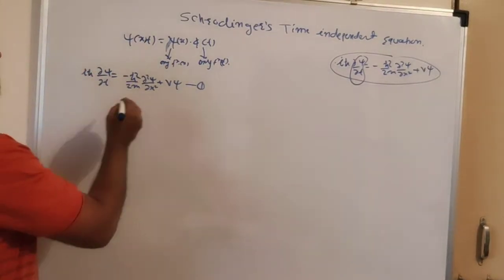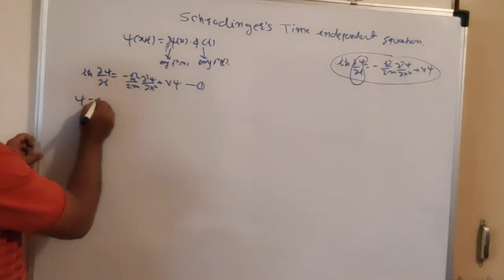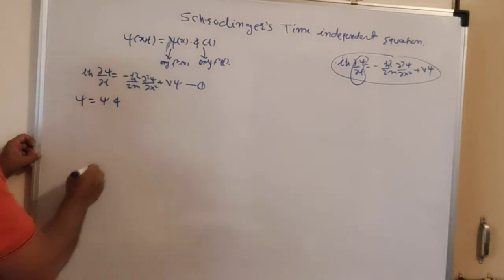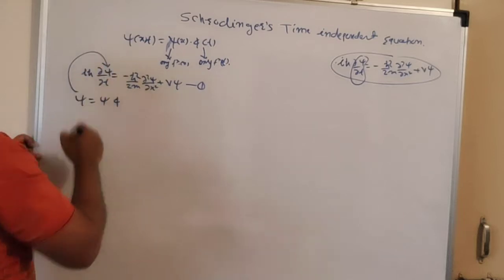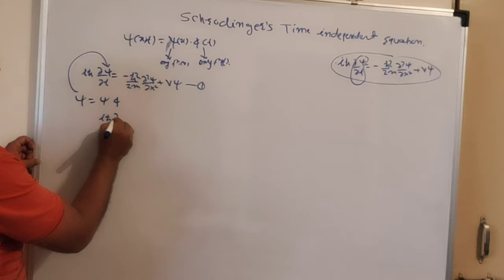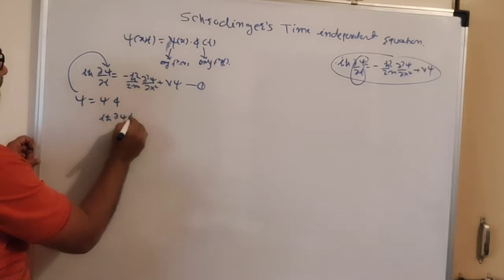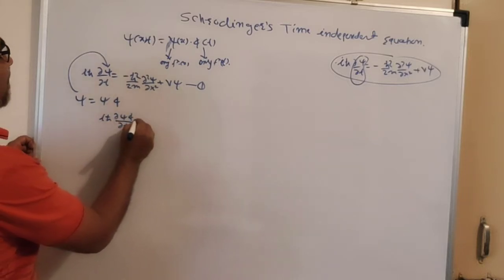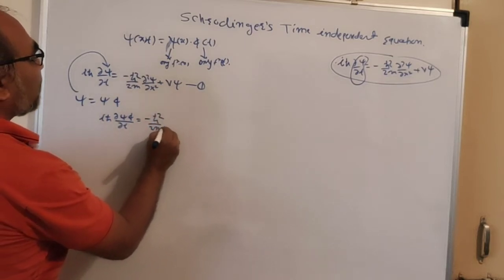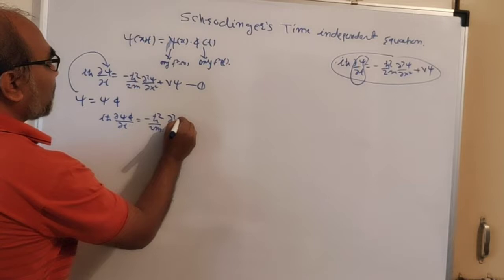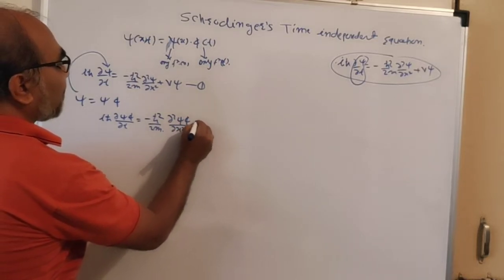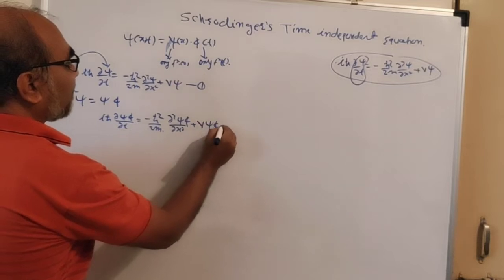Now put ψ equal to ψφ in the above equation, and therefore we have iħ ∂(ψφ)/∂t equal to minus ħ² upon 2m ∂²(ψφ)/∂x² plus Vψφ.